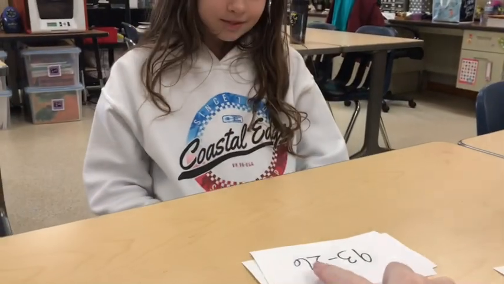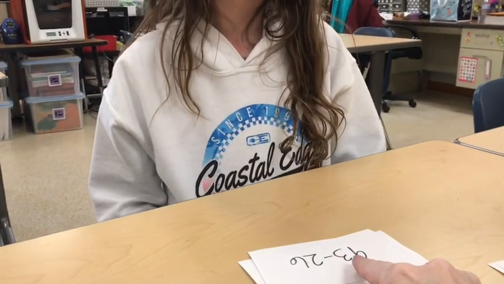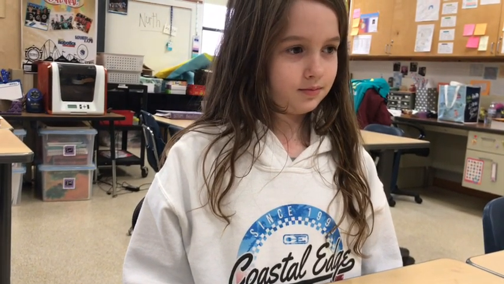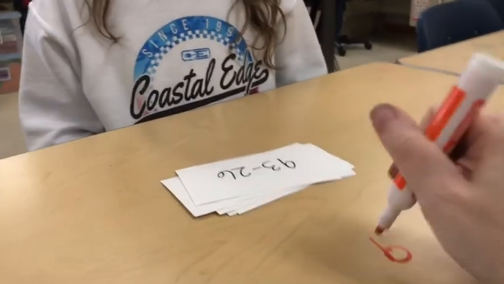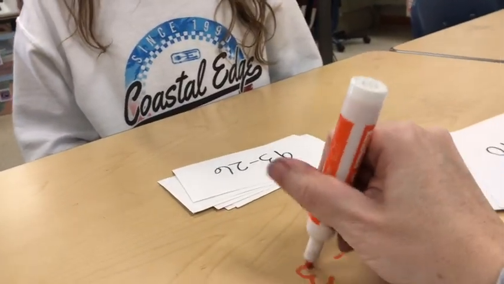What if you took off a little bit too much? What if you did 93 minus 30? What would that be? Wait, you can't do that. What you talking about? 93 minus 30? I can't.